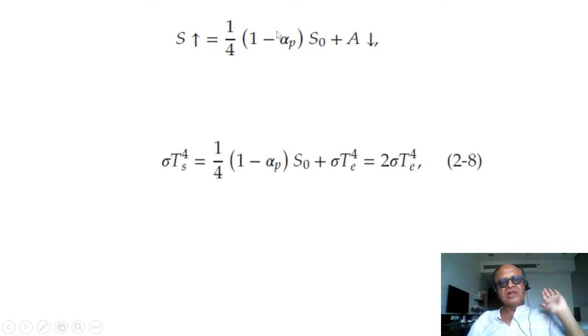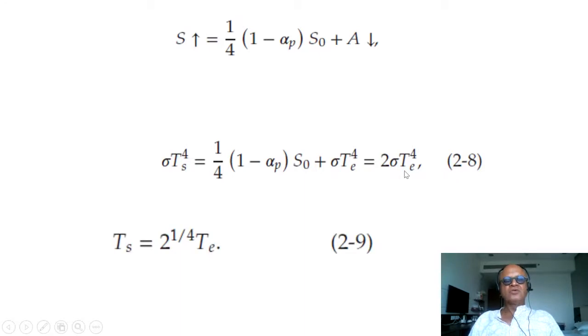Very simple linear calculation. You plug that into the previous equation, you end up with sigma Ts to the fourth. This is of course sigma Te to the fourth itself, so you end up with 2 sigma Te to the fourth. So Ts, the surface temperature, is going to be 2 to the power of 1/4 times the emission temperature.